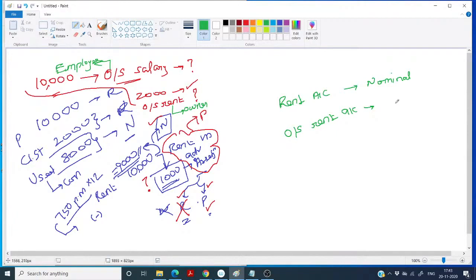Now it is your duty, you are owing to the person to whom you have to pay the rent. So the outstanding rent is a personal account. What sort of personal account? It's a representative personal account, right? This is owing. You are supposed to pay. It is nothing but liabilities.